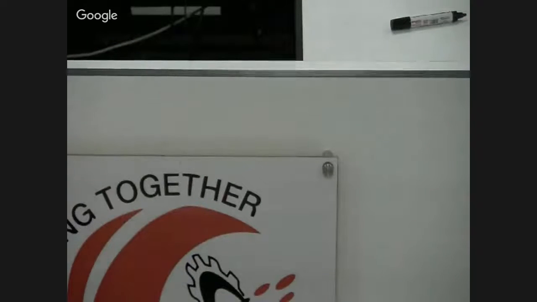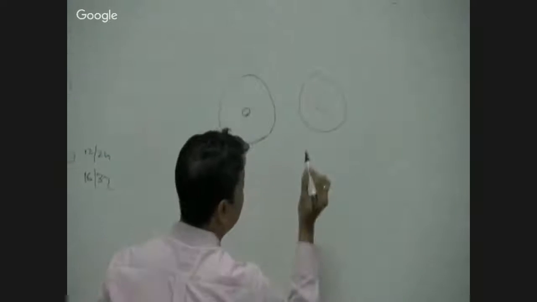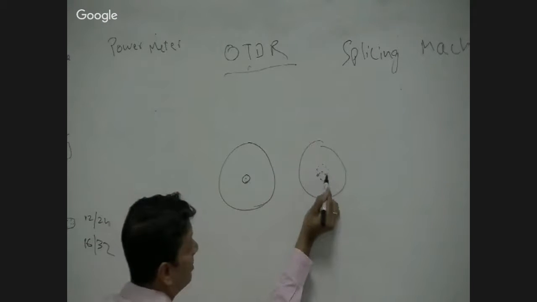I also supply polishing machines. Just to give you a brief idea. You have the fiber at the center, right? Now this center, there is a zone in which the center can be allowed to move.